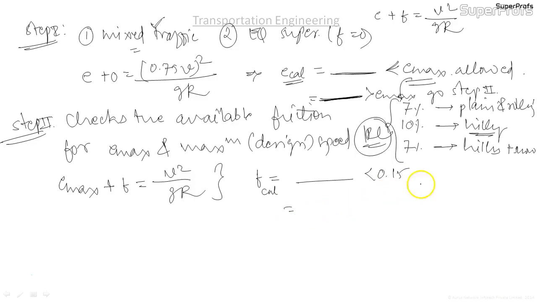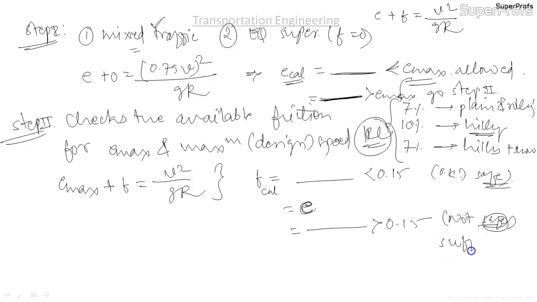If it is less than 0.15, then it is okay, it is safe, and we can provide e max itself as the calculated e. If the calculated f value is greater than 0.15, then it is not safe, or better I say the friction is not sufficient for resisting e max. So adjust friction to f equal to 0.15 and go to step 3.